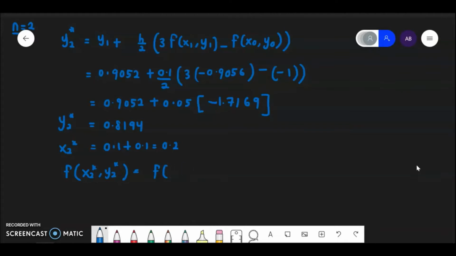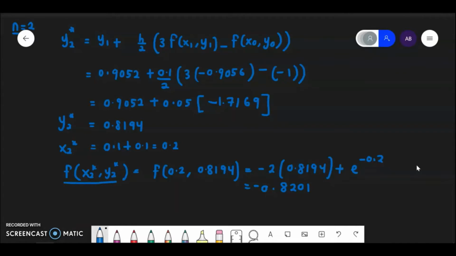X, which is 0.2, and y 0.8194. So put in the function, which is negative 2y plus e to the negative x. What do you get? I think it's negative 0.8201. So this is my f of x2, y2 star.